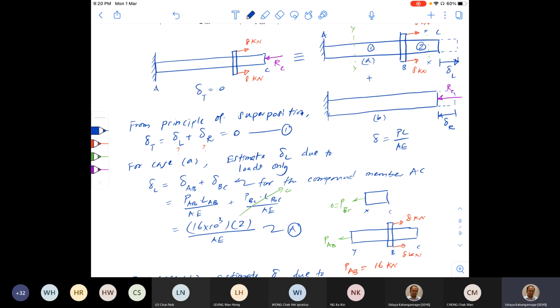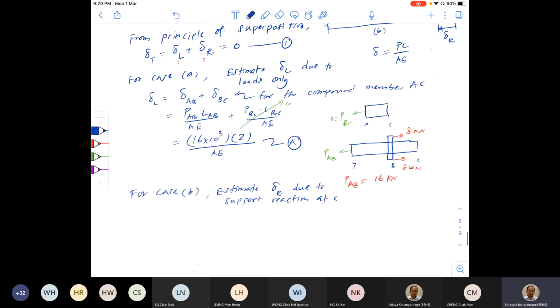Is it a compound member or just a single member? Single member, right? So only one member. So you don't need to write two equations here now.